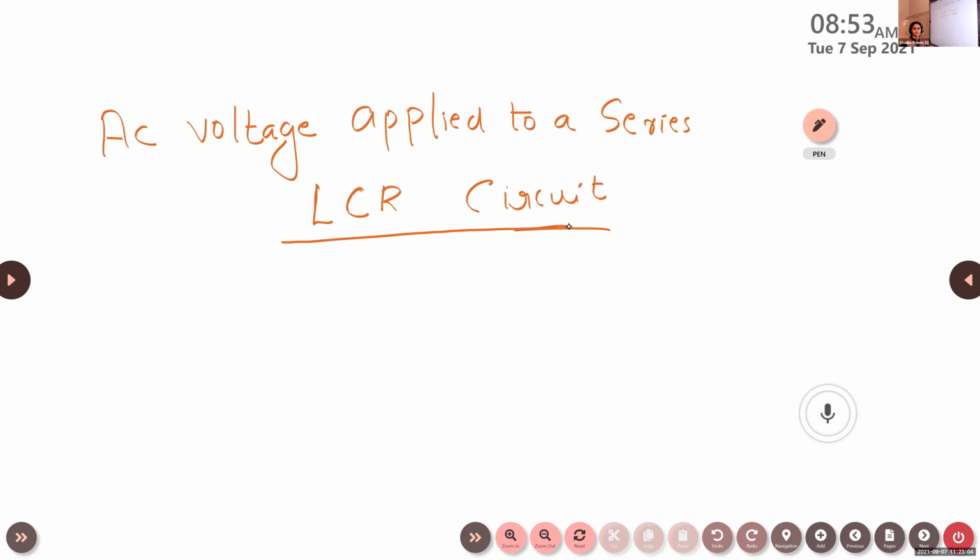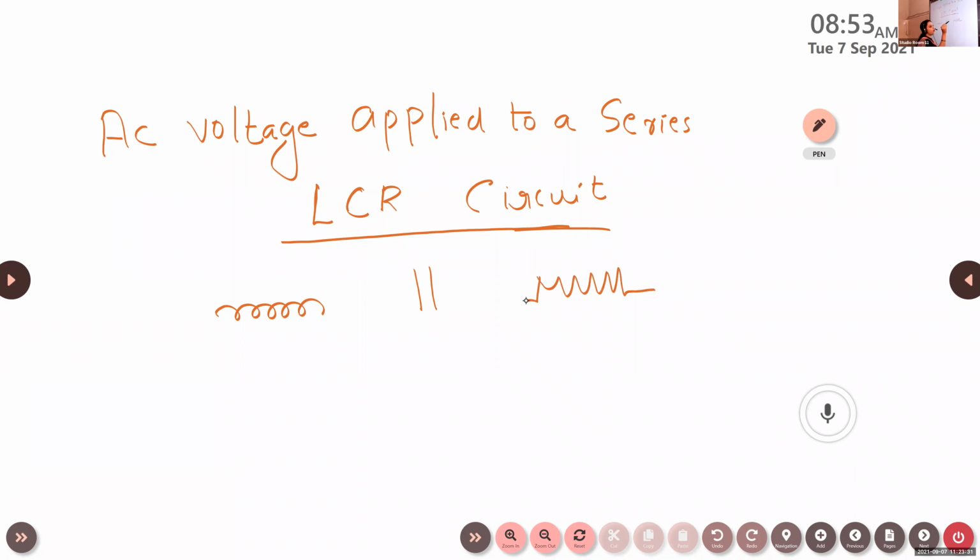Yes, an inductor is just like a solenoid, represented in the form of coils. Inductors are devices that store energy in the form of magnetic energy. So first, we have considered an inductor. Then the capacitor, which is represented by two parallel lines. And then we have a resistor.